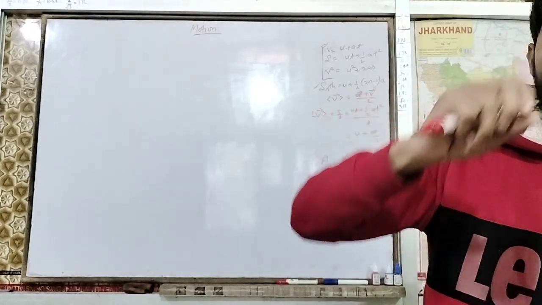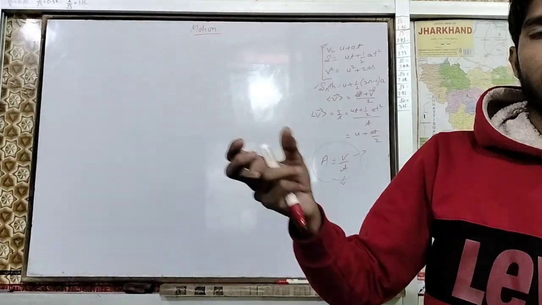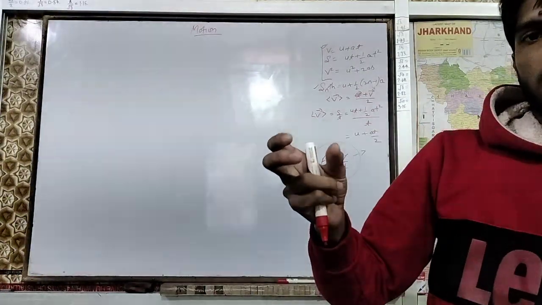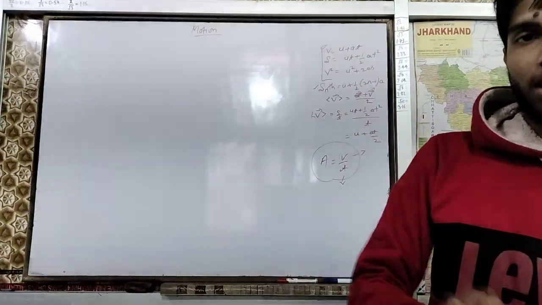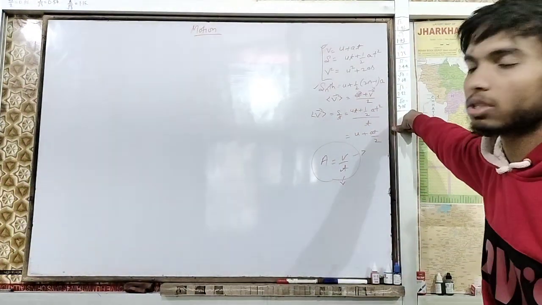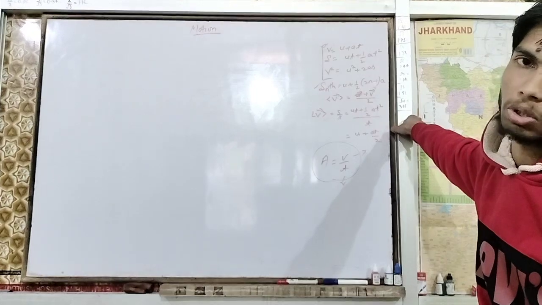So for example, at t is equal to 5, this is our place. At this time we will have to find the displacement. Then in that case we will use this Snth formula, which is equal to u plus 1 by 2 into (2n minus 1) into a.